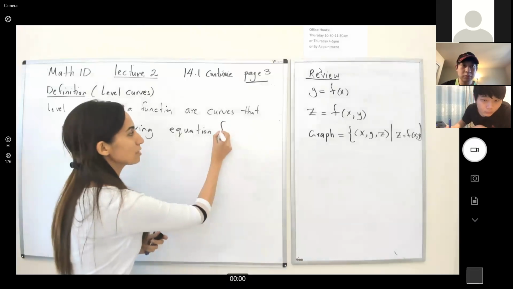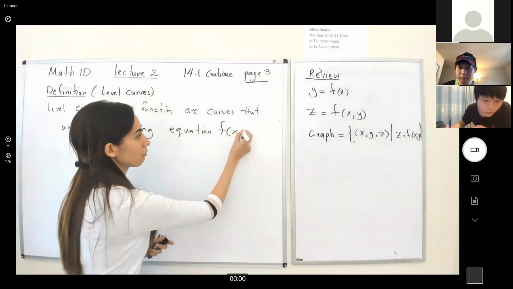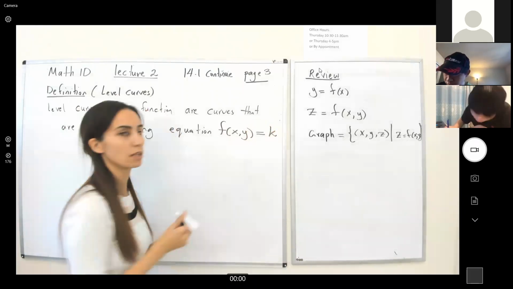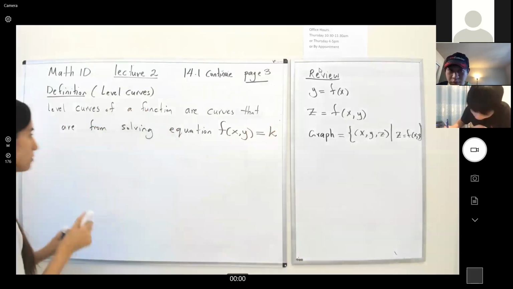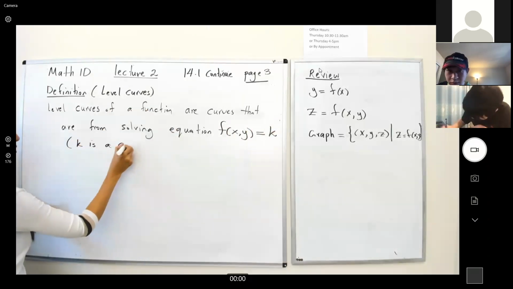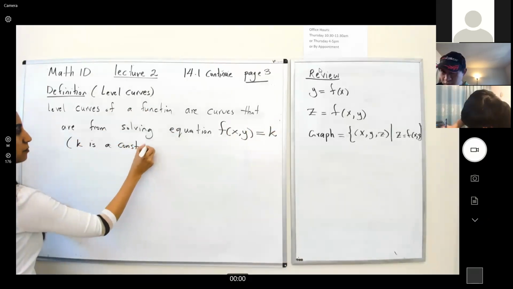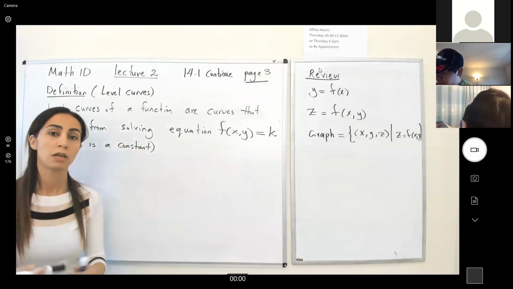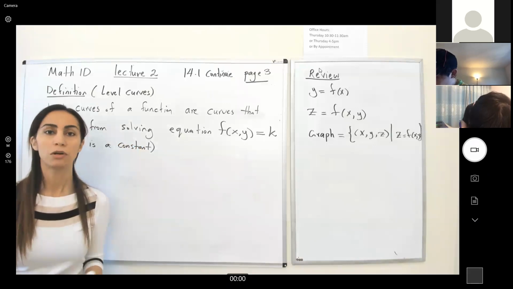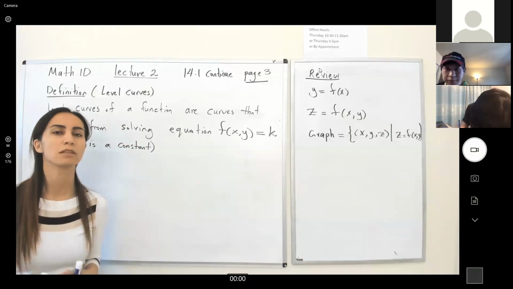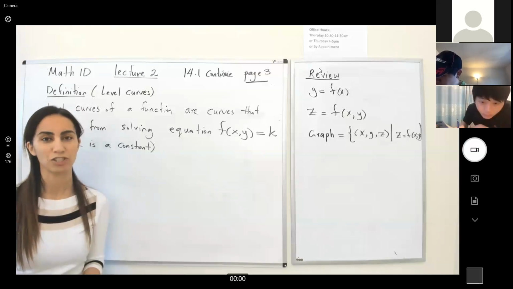Take the definition of your function and set it equal to a constant like k. K is a constant. K can be 0, k can be 1, 2, 3, k can be a negative number. That depends on the definition of the function.